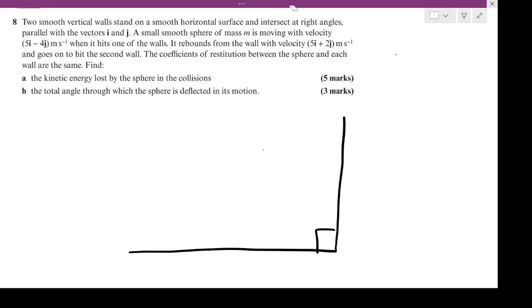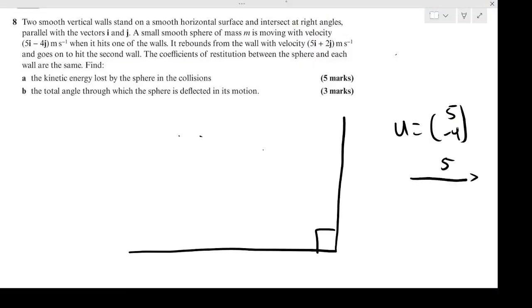Hopefully happy with that. Now, as for velocities, the initial velocity is 5i minus 4j. To help me visualise that, 5, minus 4 is a column vector. That tells me I'm going to go 5 to the right, and then 4 down. And there we are, my velocity u.